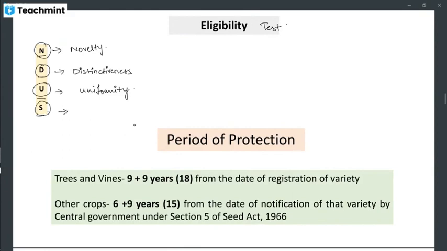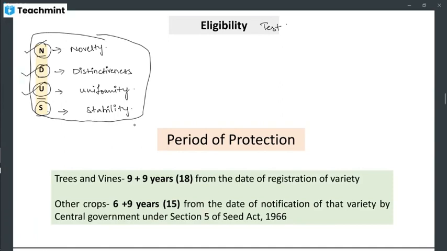And S refers to stability: it should have a stable performance across the country. So if it has passed this eligibility test, that is novelty, which is unique, distinctiveness, which is distinguishable, and uniformity and stability, then that type of variety can be protected under your PPV FRA.